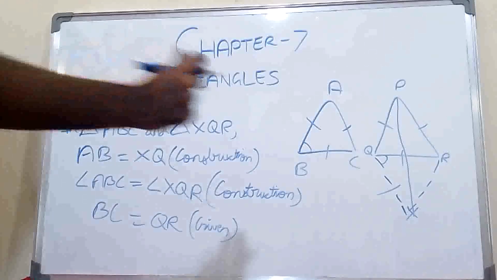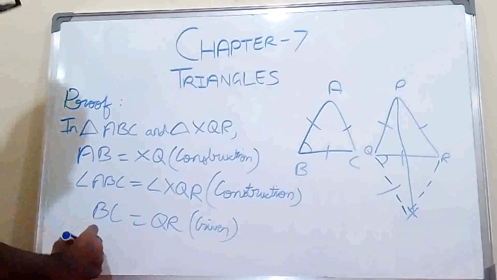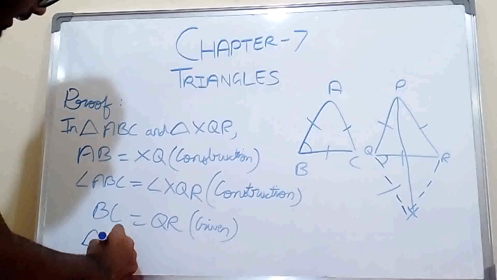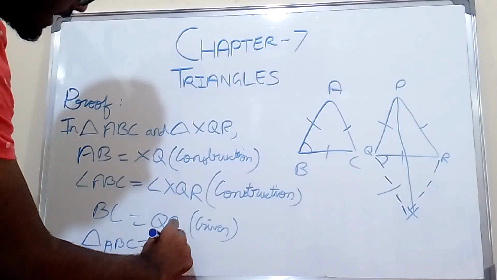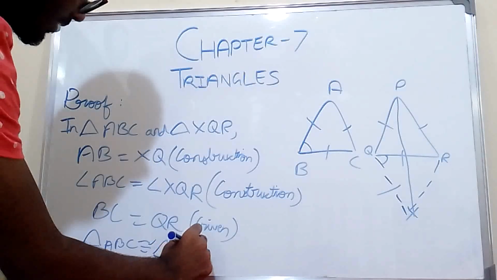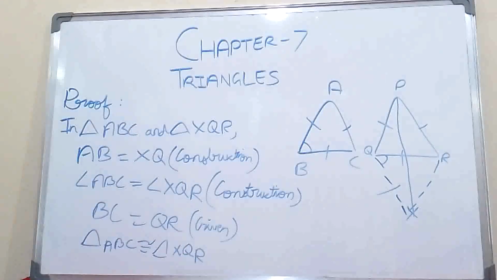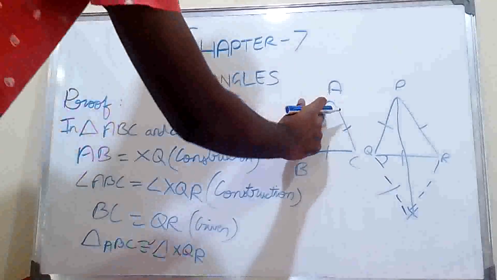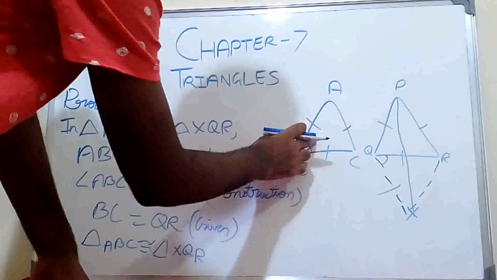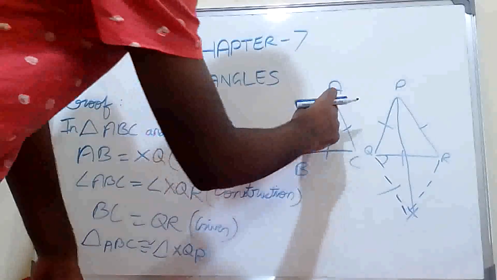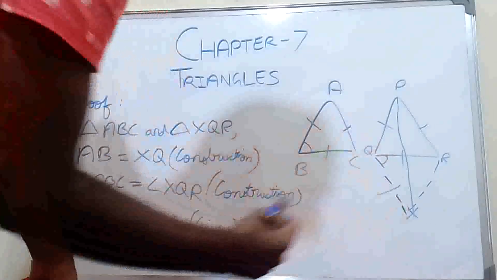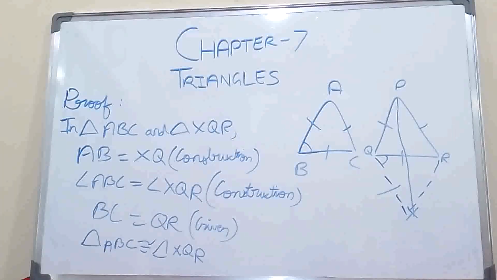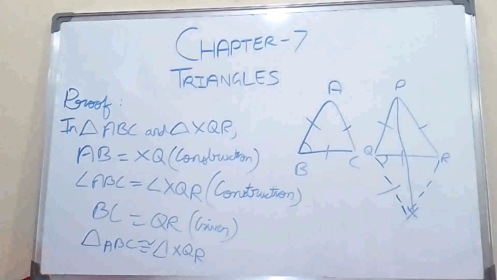Which means that these two triangles are equal. So triangle ABC is congruent to triangle XQR. You see that I am writing it according to the congruency now. A corresponds with X, because angle B is equal to angle Q, and we know AB is equal to QX. So if B is equal to Q, then A becomes equal to X, and the leftover is R and C. Now I'm running out of space, so I will write it.